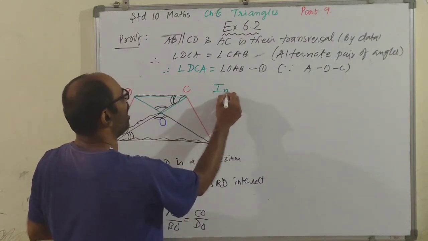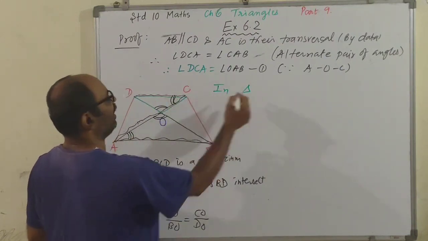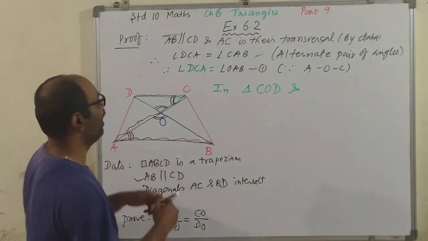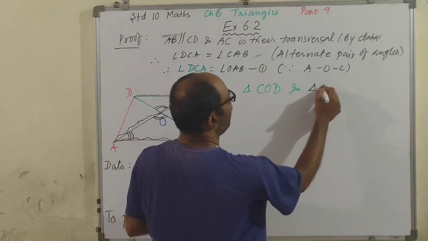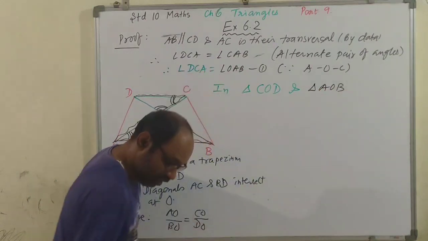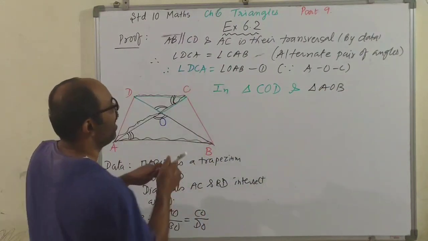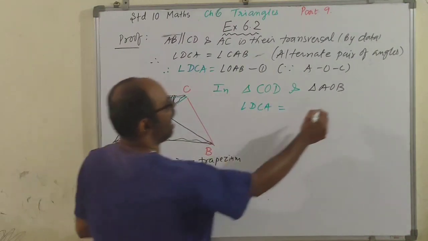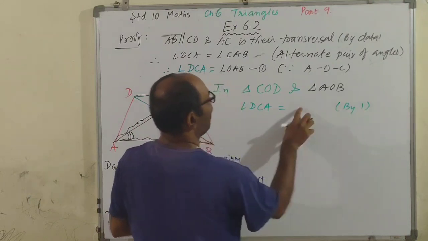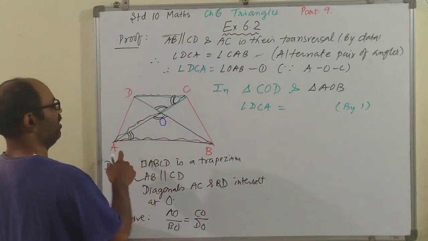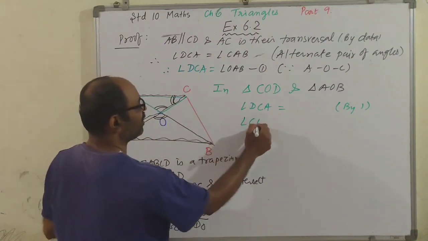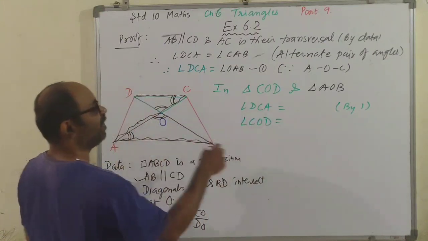So now you have triangle green COD and triangle black AOB. Let's write the green part first. This angle DCA is equal, by result 1, to angle OAB. I'll use the black pen here. And here, say green angle: angle COD is equal to angle AOB.